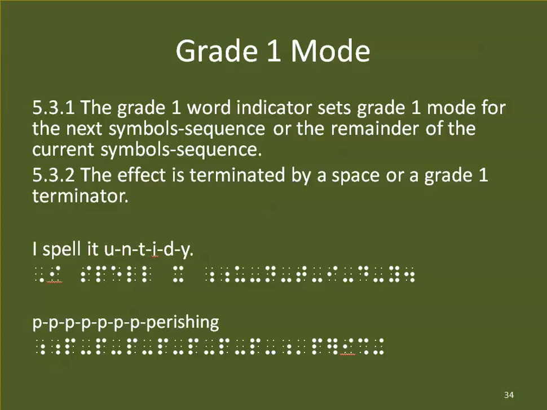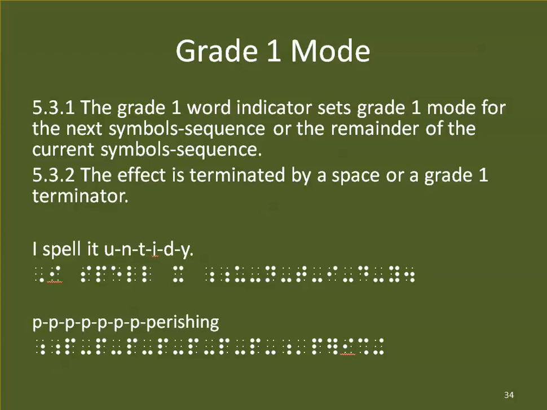We could put grade 1 symbol indicators in front of U, N, T, D, and Y if we wanted to, but that's a lot of indicators. So we're going to just put a grade 1 word indicator in front of it, 2 cells of dots 5, 6, to say that this entire sequence until you hit a space is going to be in grade 1 mode. So don't read these as contractions, read these as straightforward letters. So I spell it, grade 1 word indicator, U-N-T-I-D-Y.